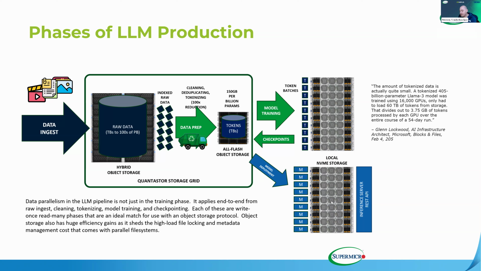The inference servers do need some high performance storage, but the models themselves are typically going to be deployed in many copies on local storage across all of the nodes, because that's just the most cost effective and highest performance way to load and use the model.